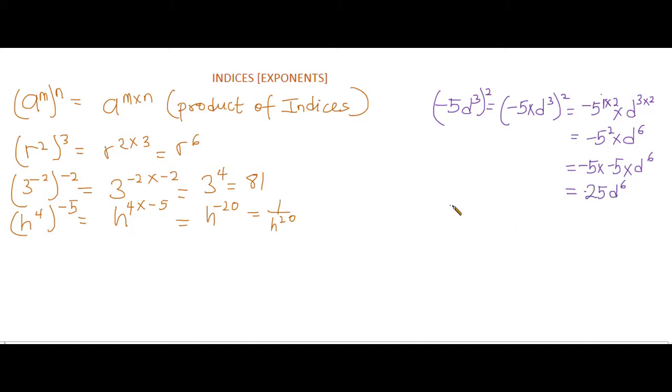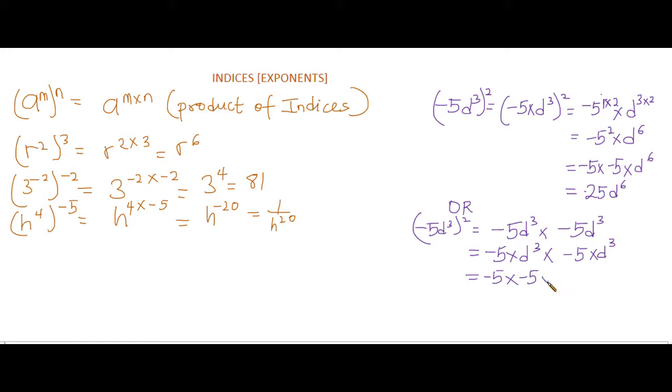Or we can solve it another way, whereby we have minus 5 d raised to power of 3 all raised to power of 2, and this will be minus 5 d raised to power of 3 multiplying itself 2 times. We can separate this in terms of algebra: minus 5 d raised to power of 3 multiplied by minus 5 times d raised to power of 3, and this will be minus 5 collecting like terms times minus 5 times d raised to power of 3 times d raised to power of 3, and you can do the law of indices.